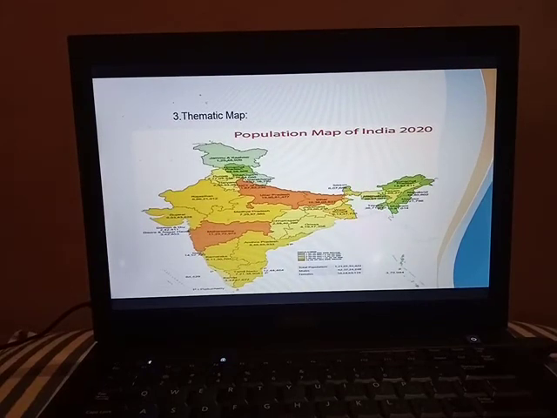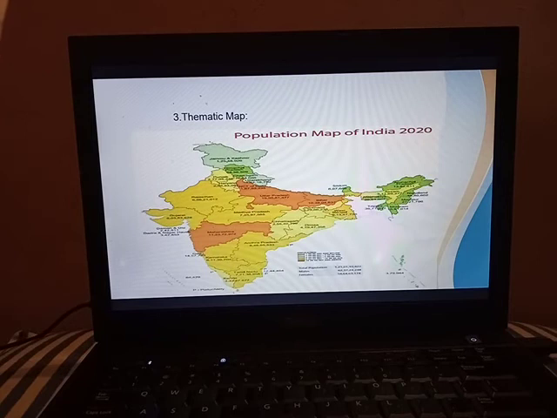The study of maps is called cartography, and the person who draws maps is called a cartographer. I repeat, the person who draws maps is called a cartographer.